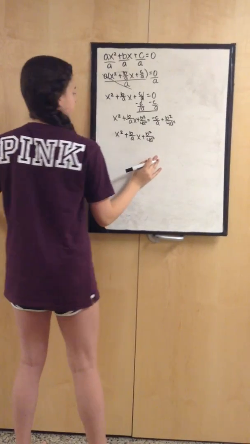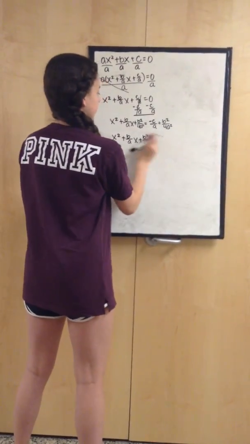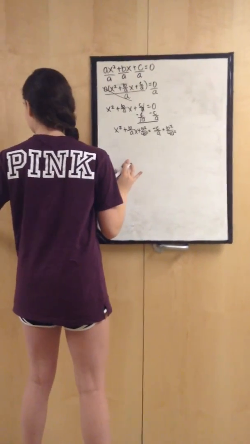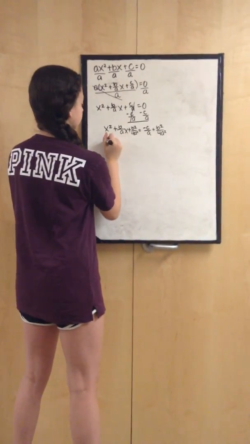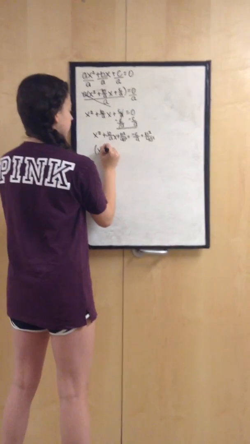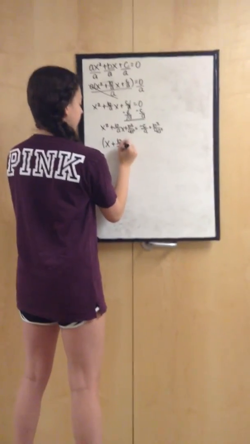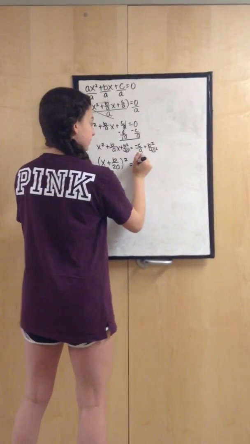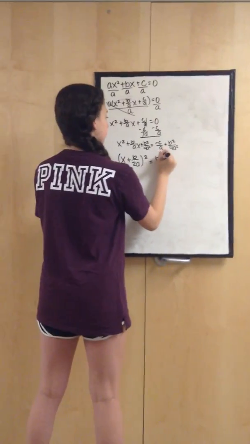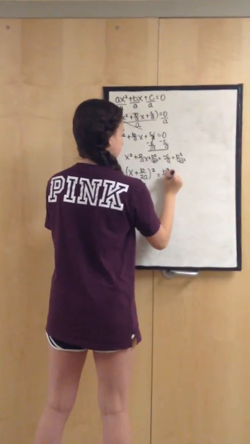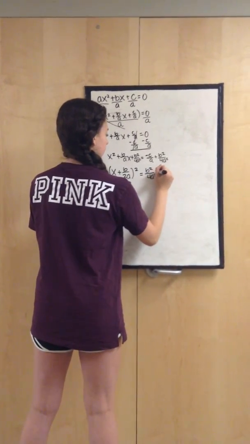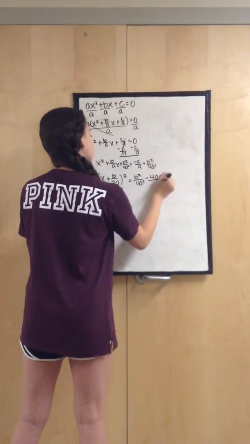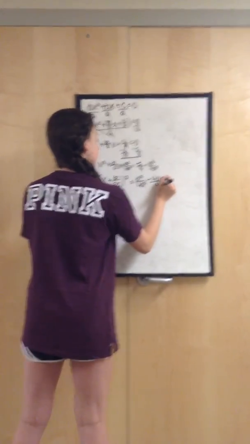Oh, I'm sorry. Something does change. You're going to factor this out, and you would get x plus b over 2a squared equals b squared over 4a squared minus 4ac over 4a squared.